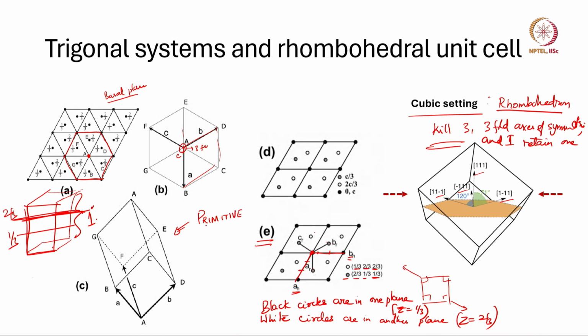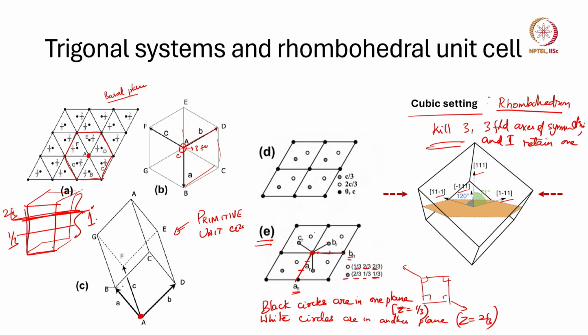In the way that I just described, you can then define another unit cell, right. But this time this unit cell is actually a primitive unit cell. This unit cell also captures the threefold axis of symmetry. So I have A, which is this point here, whereas I look at all the lattice points at 1/3, right.